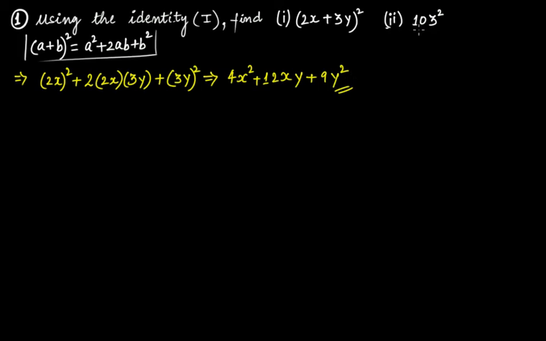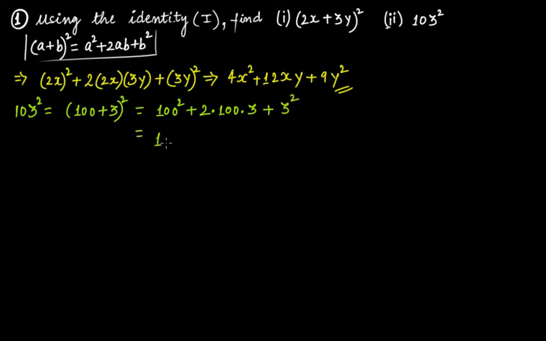Let's solve the second one. This is 103 whole squared. 103 squared can be written as (100 + 3) whole squared. Now a is 100, b is 3, so this is 100 squared plus 2 multiplied by 100 multiplied by 3, plus 3 squared.